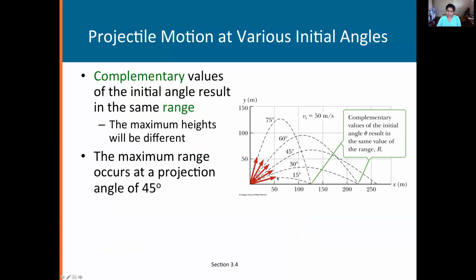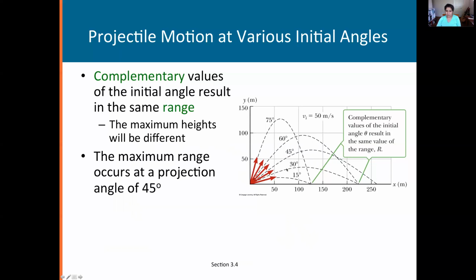If you launch it at 15 degrees, you get the same range, about 125, as if you had launched it at 75. So 15 and 75 give you the same distance in range, and those are complementary angles.